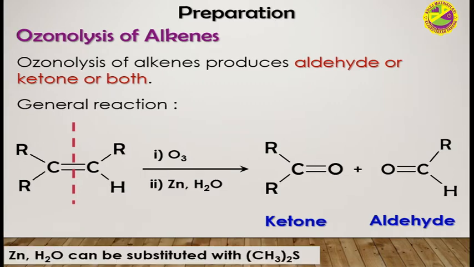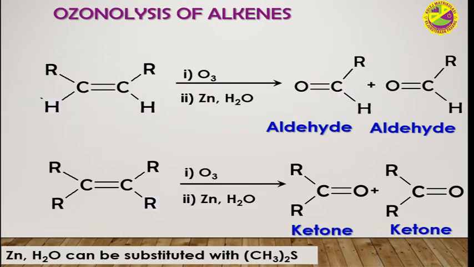The substance zinc, H2O can be substituted with (CH3)2S. Look at the following example. The first one, we have an alkene with R group and hydrogen both on the left and right side of the carbon-carbon double bond.